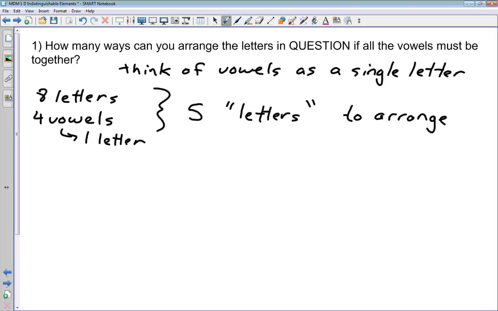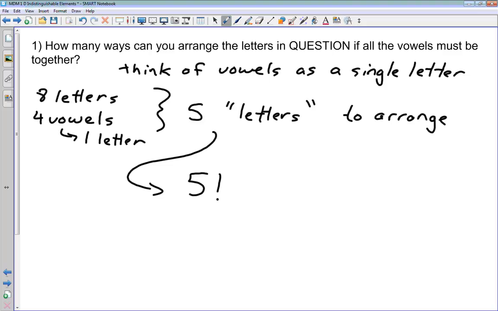So how many ways can we arrange our 5 things? Well, the number of arrangements is going to be 5 factorial.